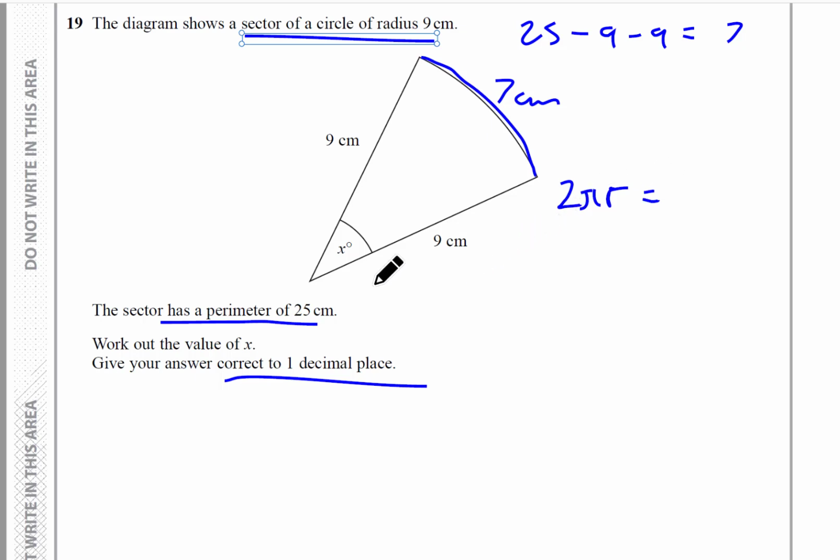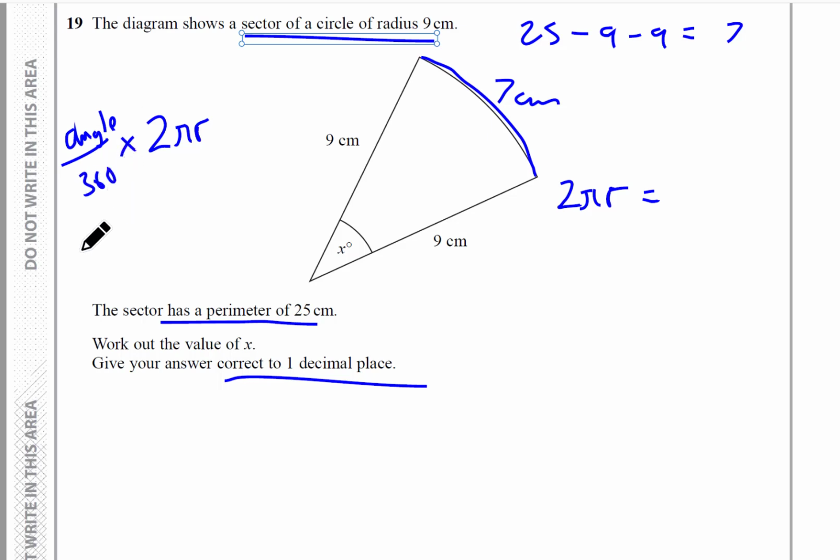Now, when we're trying to find the circumference of a sector, or the arc length here actually, it's normally 2 pi r times whatever the angle is, angle over 360.